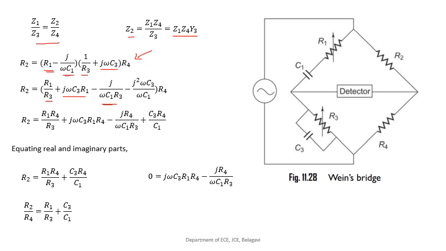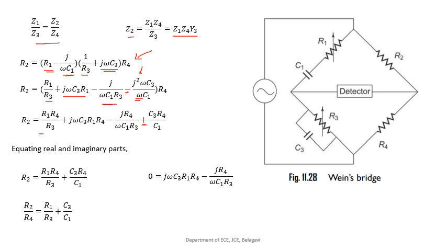And then j divided by omega C1 into j omega C3. If you multiply this, you will get j square with a minus sign. j square is minus 1, right? So minus and minus will become plus here. Omega and omega will cancel and you will get C3 by C1.